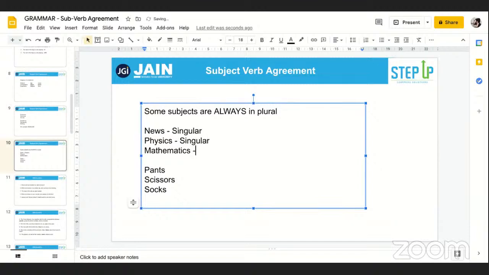It's not the verb is. What about scissors? Plural, sir. Socks, it's also plural. Yes. So again, there is no single rule defining this. But you will have to learn how some of the words work. Even though it's in plural, some will be considered singular. News, for example, is taken as one unit. Physics is one subject, right?